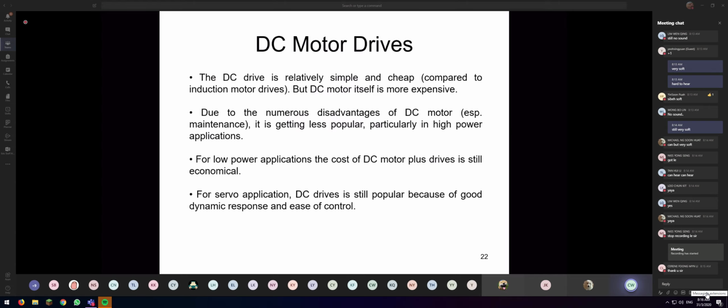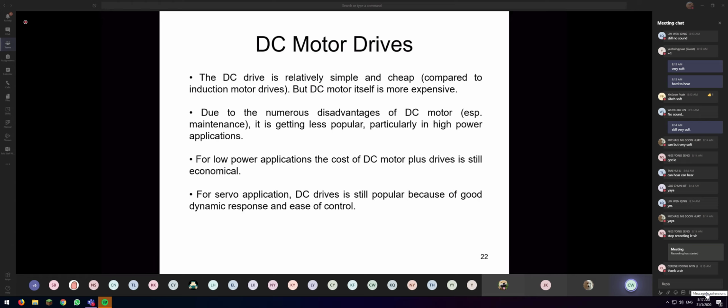So the DC motor drive is relatively simple and cheap, but the DC motor itself is more expensive. How to explain this one? That's why I want you to make it clear. The DC drive here actually refers to the converter circuit. It's not the motor itself.